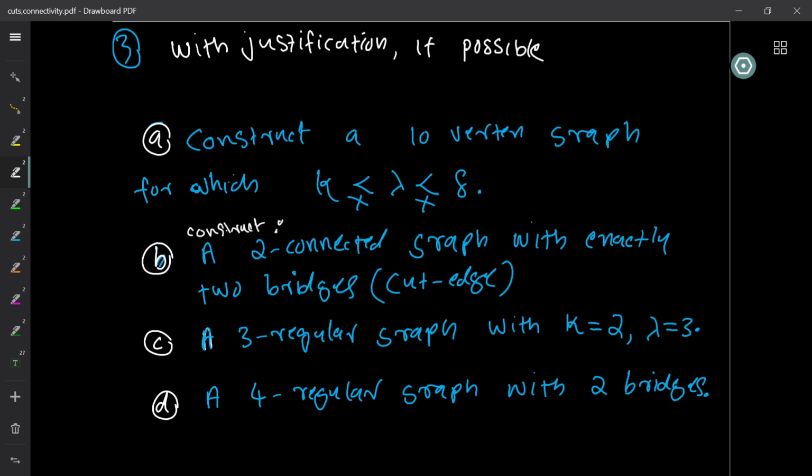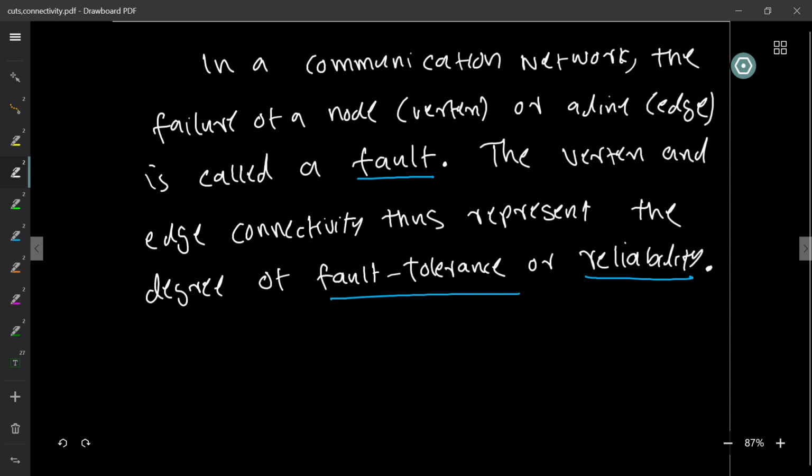Then construct a three regular graph with vertex connectivity equal to 2 and edge connectivity equal to 3. Then construct a four regular graph with two bridges. So these are the questions for your homework.